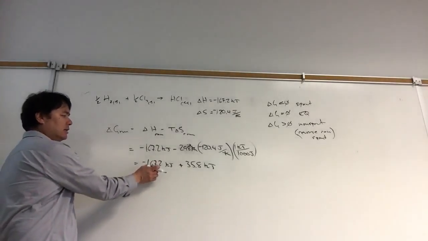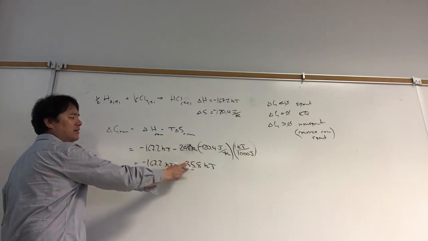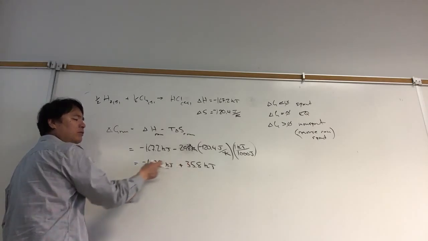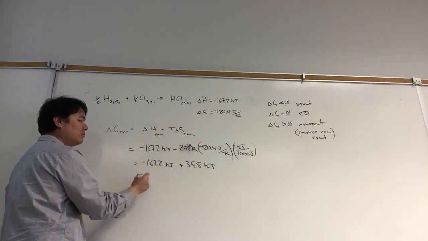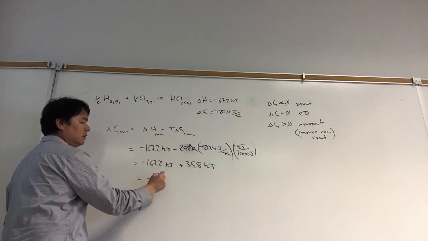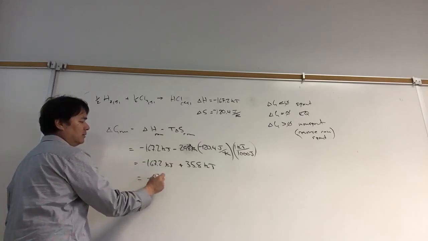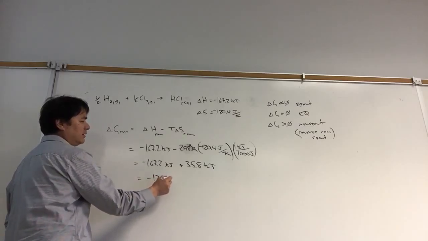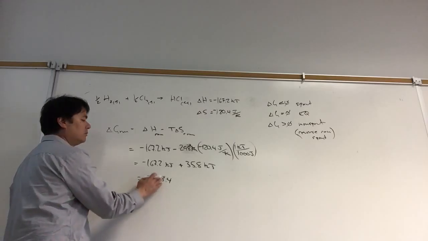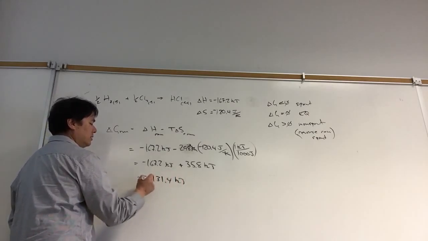Delta H wins out because this is minus 167.2, and this is the non-driving force. This is going to hurt our driving force, but not by enough. The 35.8 won't cancel this completely out, and we end up with minus 131.4 kilojoules.